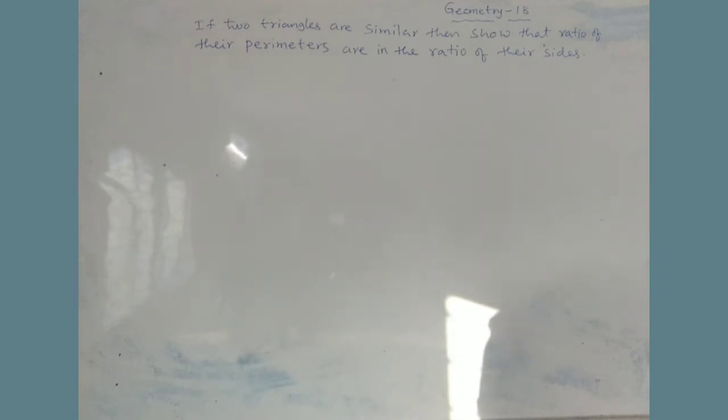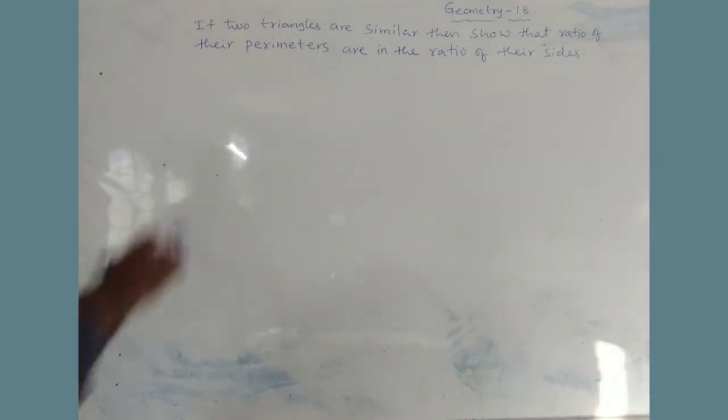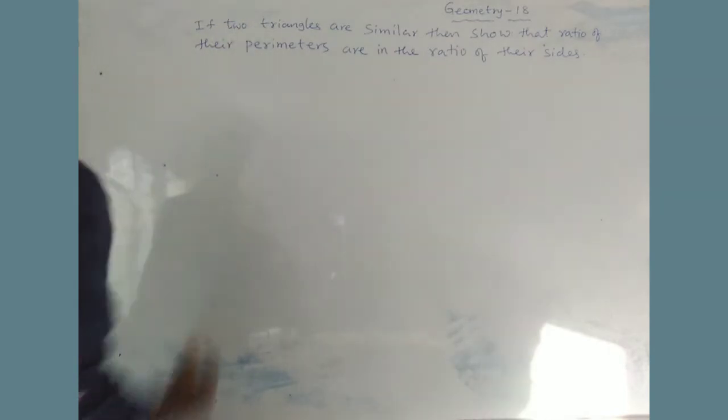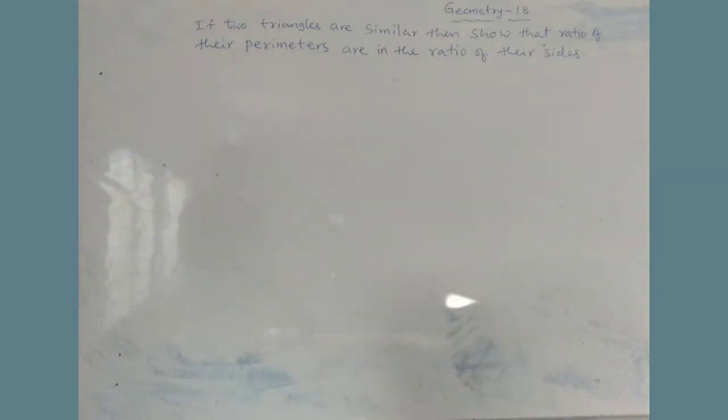So coming to the next concept, if two triangles are similar, then show that the ratio of their perimeters is the ratio of their sides.